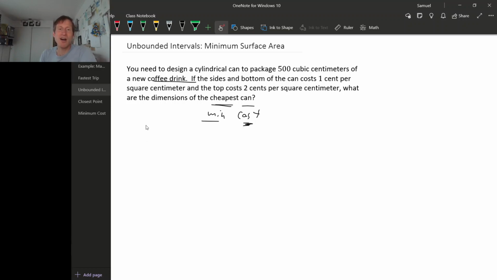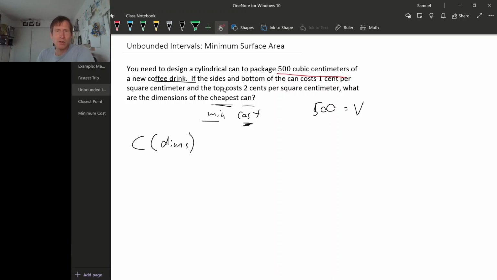So we'll write the cost as a function of the dimensions of the can, and then we'll minimize that cost. But there is another constraint to this situation. We only have to consider cans that have 500 cubic centimeters of volume. So we need our volume to be 500 cubic centimeters.